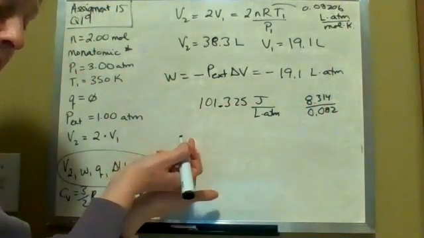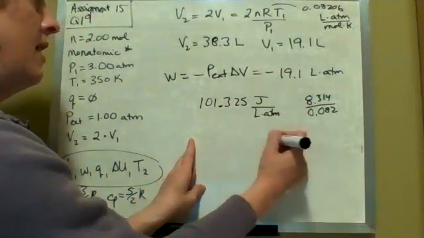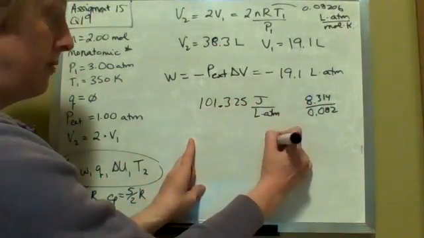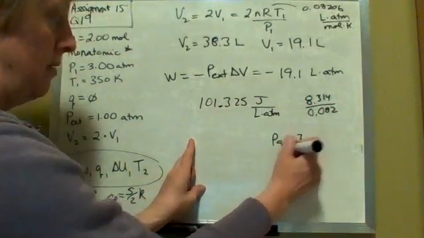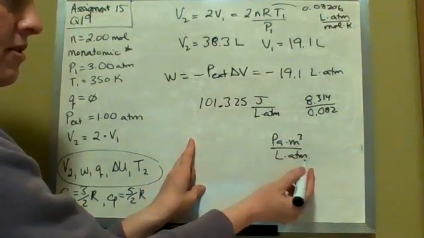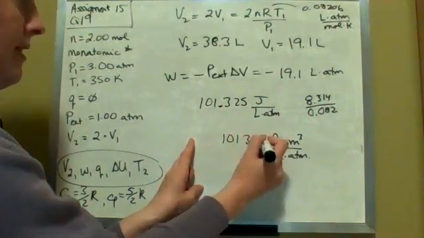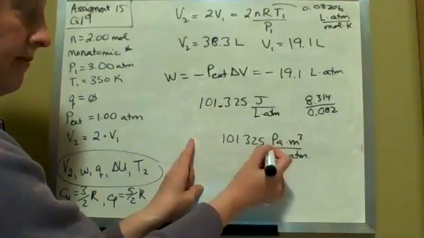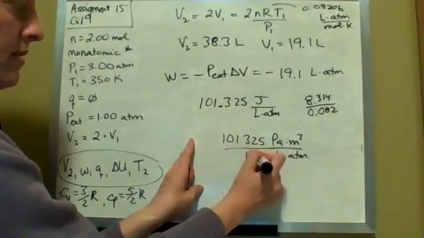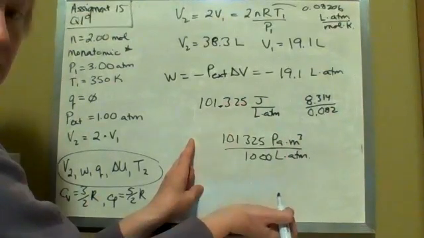You can also get it, remember this is Pascal meter cubed, okay? And however many in a liter, so if you want to go Pascal meter cubed over liter atmospheres, so how many pascals there are in an atmosphere? 101,325. And there are 1,000 liters in a meter cubed. So this gets you to that right there.